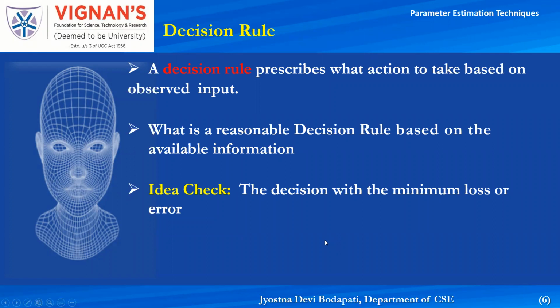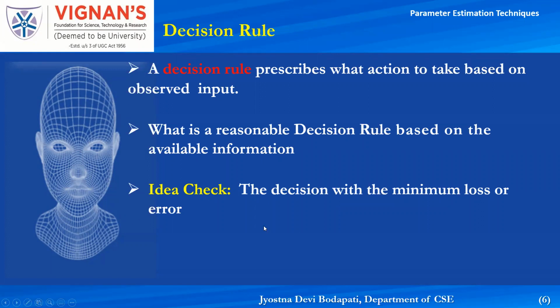When a new person comes, my machine learning algorithm should classify them properly: if it is a male, it should classify it as a male, or if it is a female, then it should classify it as a female only. Otherwise, there is an error. If there is a misclassification, it's called the loss or the error. So whenever you take the decision, it should incur minimum loss or minimum error.